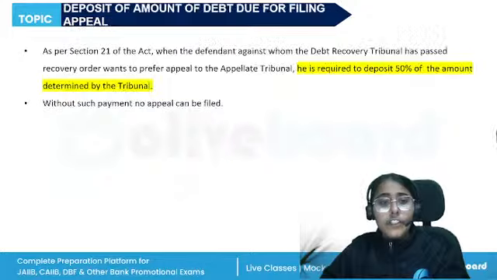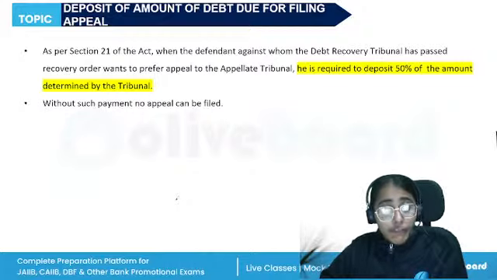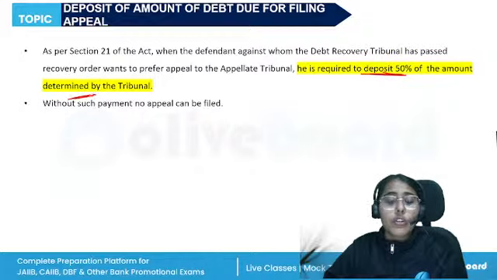Then, if we talk about the deposit of amount of the debt, wherever any party wants to file an appeal to the appellate tribunal, the defendant first has to deposit 50% of the amount which is determined by the tribunal, right?